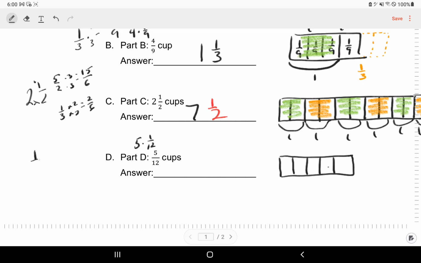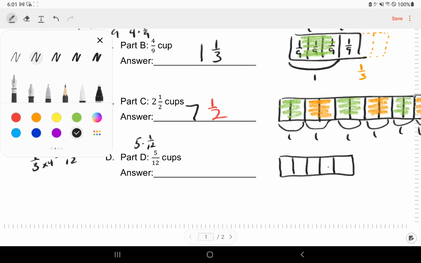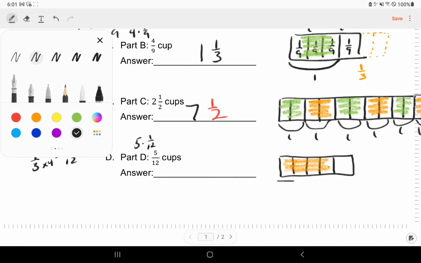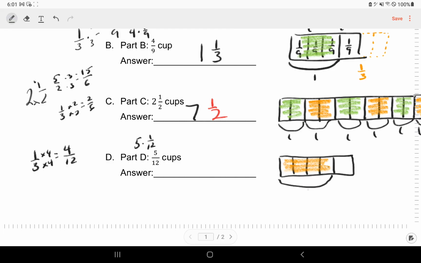And for thirds, to make those 12ths, it's times 4. And so that's 4/12. So groups of 4. 1, 2, 3, 4. And so there's one group.